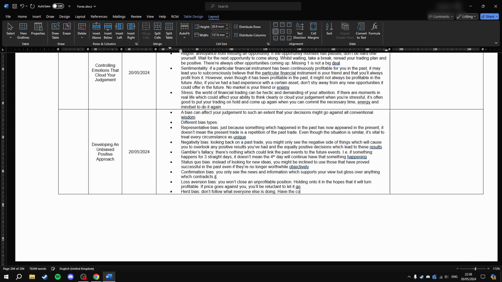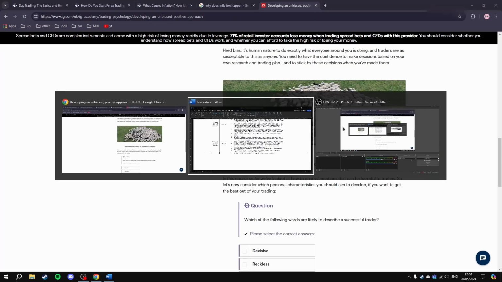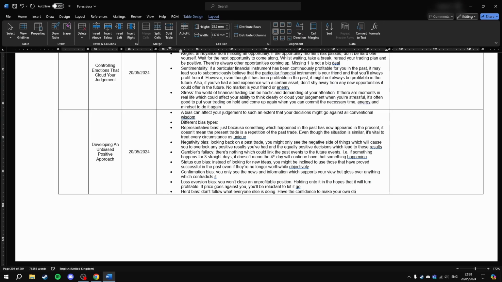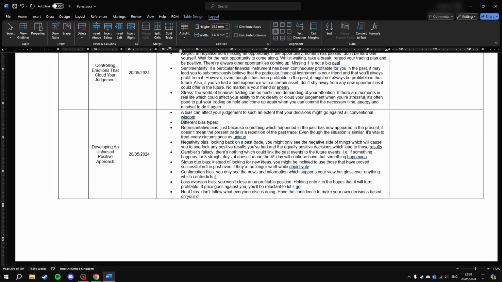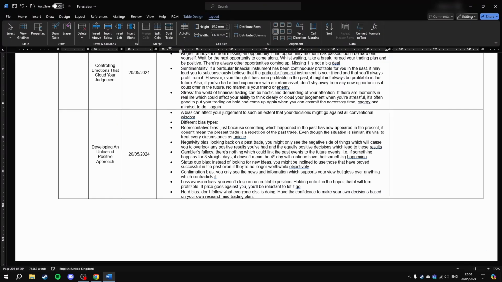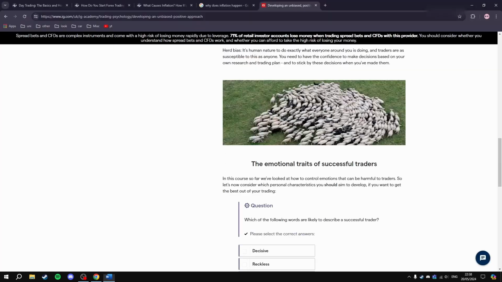Have the confidence to make your own decisions based on your own judgement, research and trading plan, and stick to those decisions once you've made them.